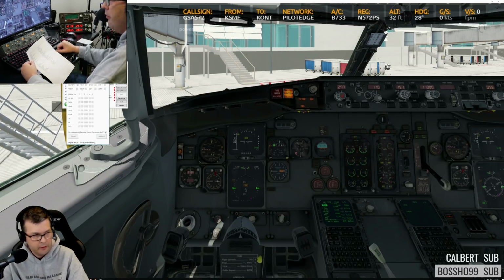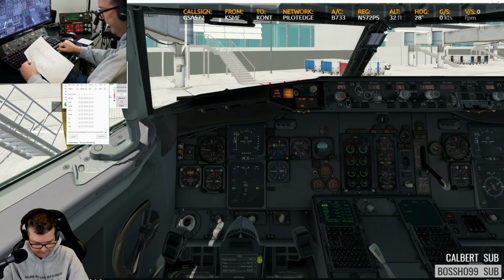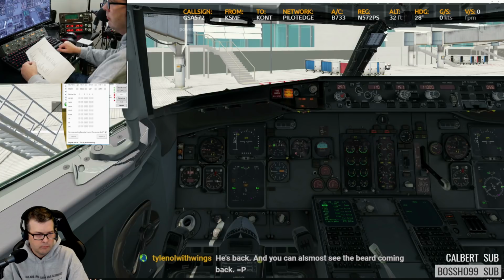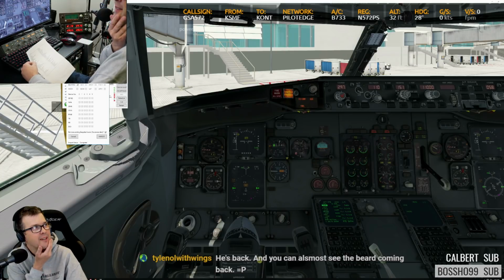Okay, MCP's almost ready. You can almost see the beard coming back.